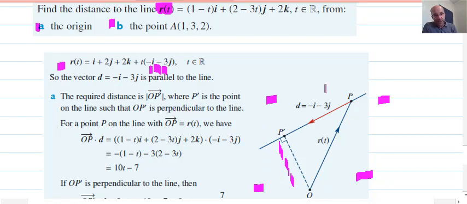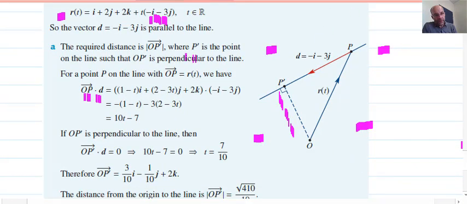So OP dash and PP dash are perpendicular. So for a point on the line OP, which is called r of t, we take the dot product, and basically we get 10t take 7.